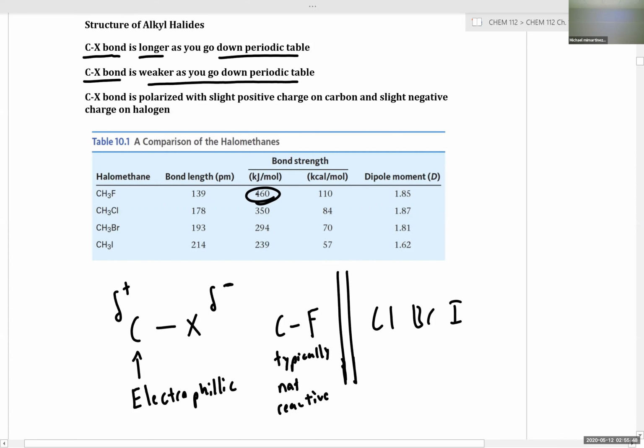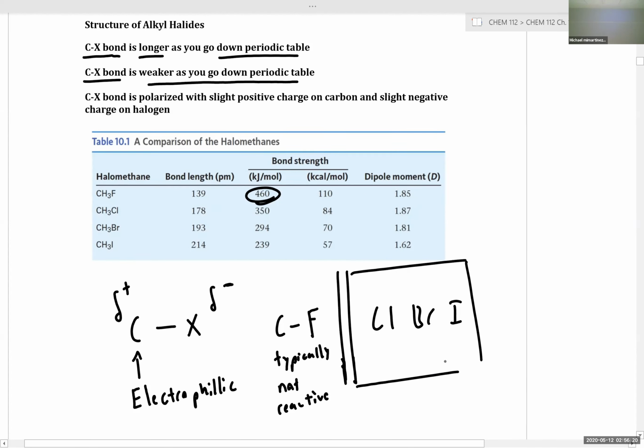And fluorine itself, being so small and electronegative, is not as effective of a leaving group in many reactions that we'll see coming up, okay? So when you think about alkyl halides in terms of synthetic usefulness for many of the reactions that we're going to discuss in this chapter, the alkyl fluorides behave fundamentally differently than the chloride, bromide, and iodide.